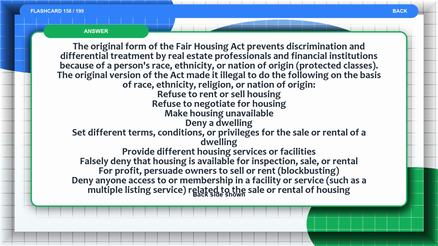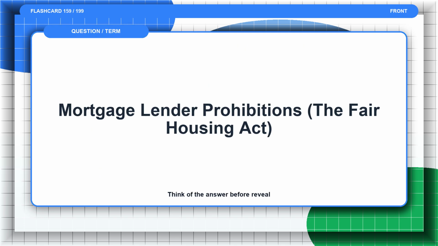The original version of the Act made it illegal to do the following on the basis of race, ethnicity, religion, or nation of origin: refuse to rent or sell housing, refuse to negotiate for housing, make housing unavailable, deny a dwelling, set different terms, conditions, or privileges for the sale or rental of a dwelling, provide different housing services or facilities, falsely deny that housing is available for inspection, sale, or rental, for profit, persuade owners to sell or rent, blockbusting, deny anyone access to or membership in a facility or service such as a multiple listing service related to the sale or rental of housing.